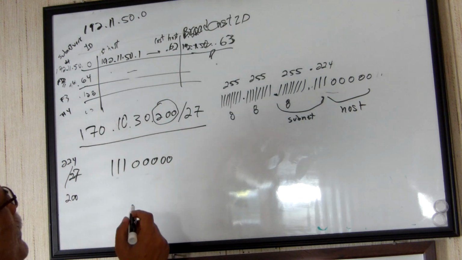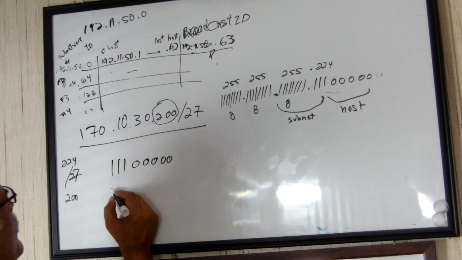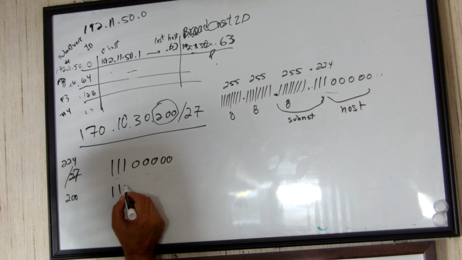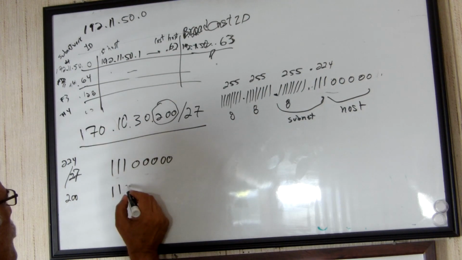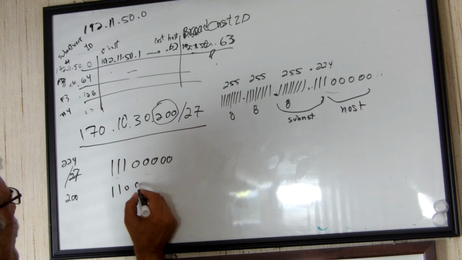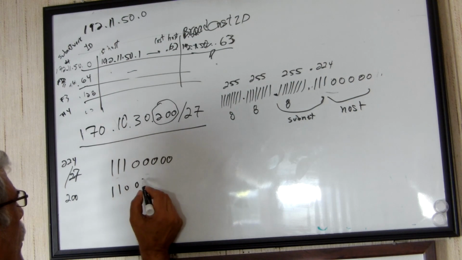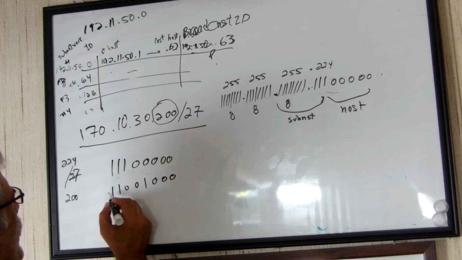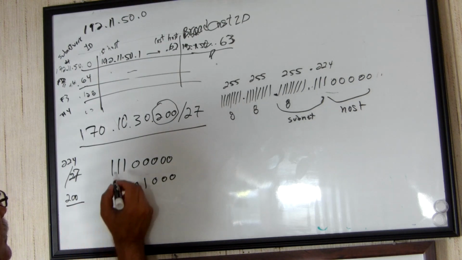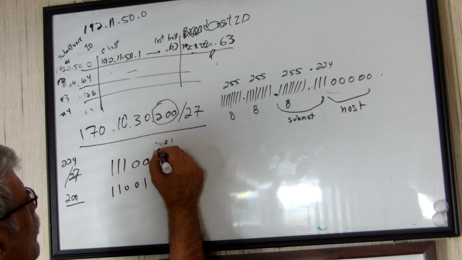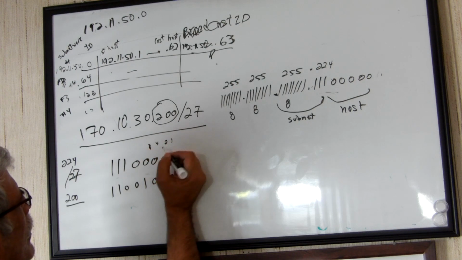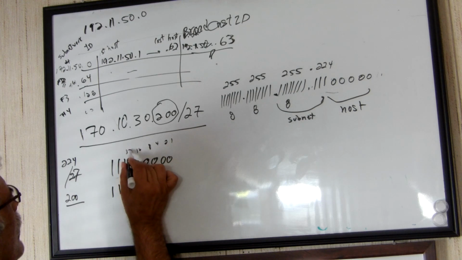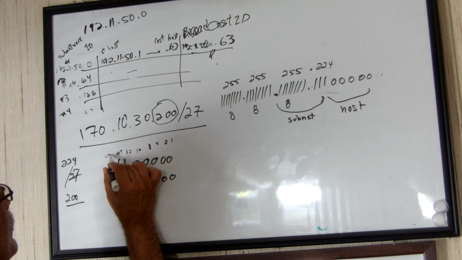So 200, what is it going to be? 200 is going to be 128 plus 64, 192, and then 1000. This is 200 because 1, 2, 4, 8, 16, 32, 64, 128.